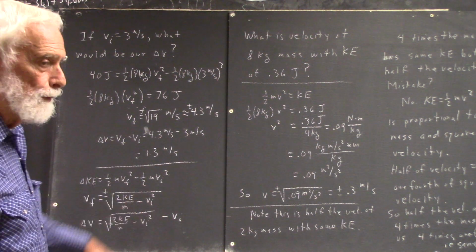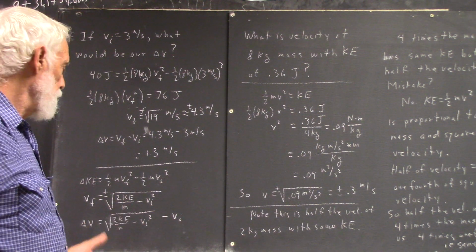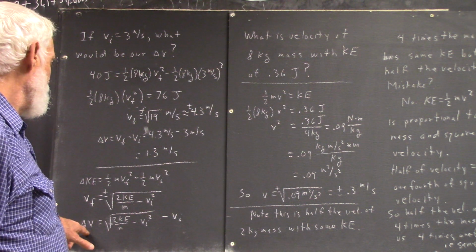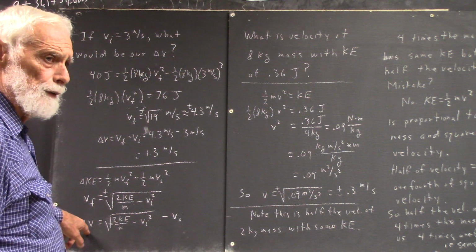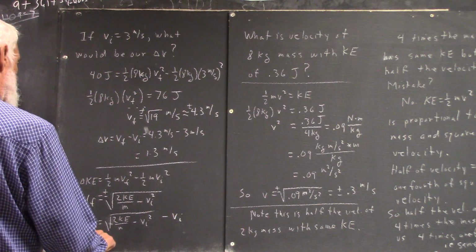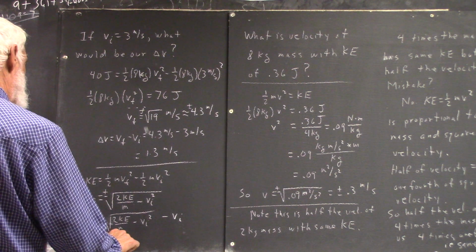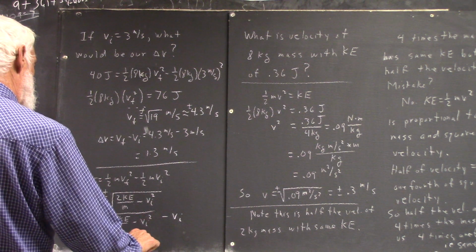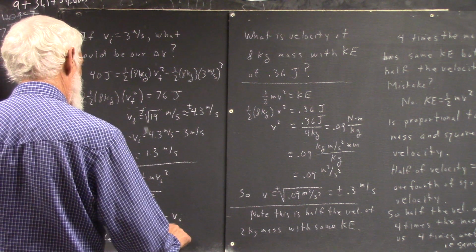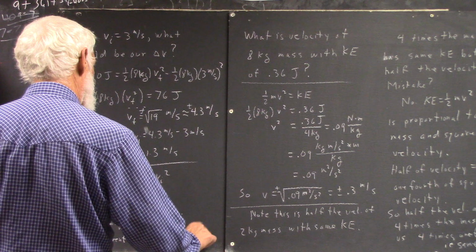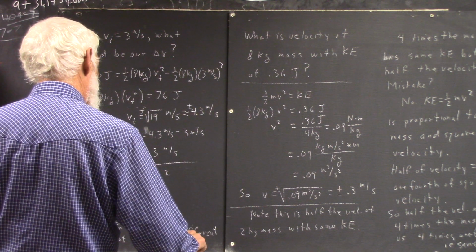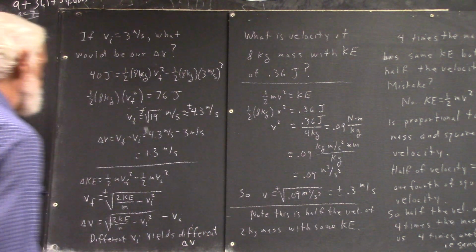Well, this is not a simple relationship, and there's no way you can expect that when VI changes, the delta V is always going to be the same. Okay? So the least we can say is a different delta V.